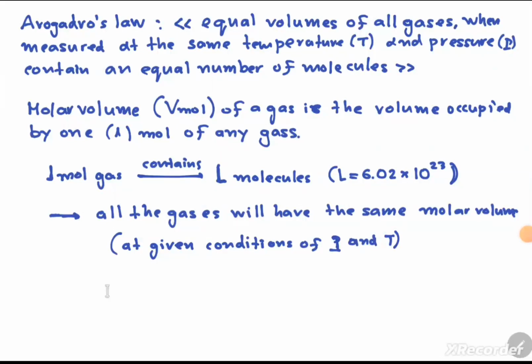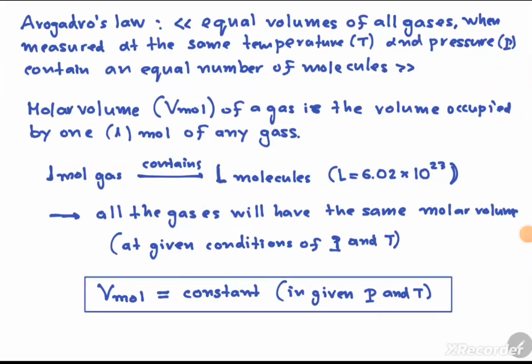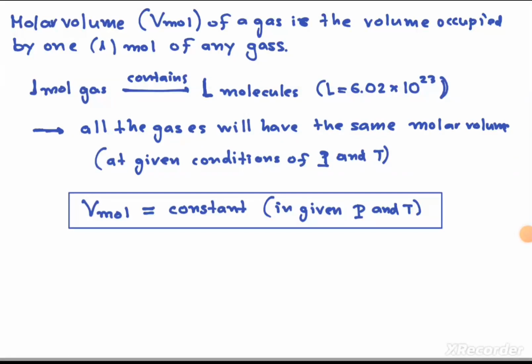So we have molar volume is constant at a given pressure and temperature. The value of V mole, molar volume, depends on the pressure and temperature.